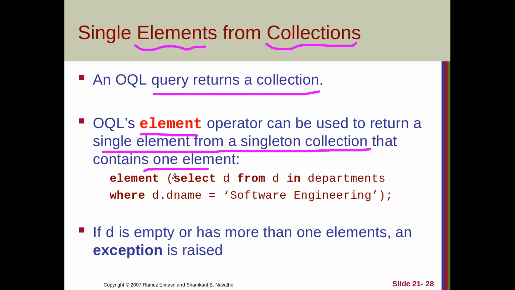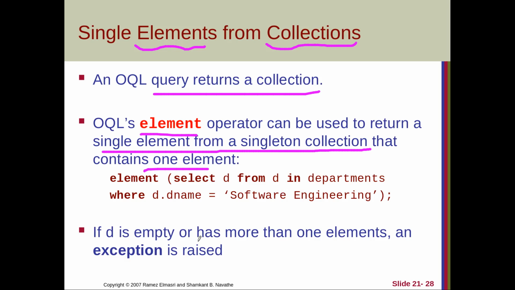It can be utilized as part of some other operation also by using the element keyword. It is a singleton collection. This means several departments are there, but from those departments only the software engineering department will be selected, and that element will be returned.